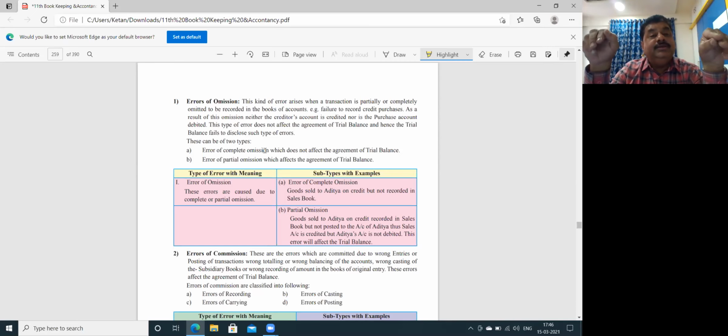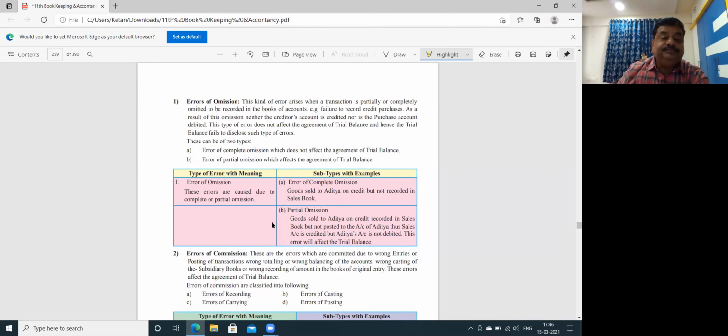Only the error which has a problem in arithmetic accuracy, which is normally called a one-sided error. But a two-sided error will not be disclosed by trial balance. This can be of two types: errors of complete omission, which do not affect the agreement of trial balance, and errors of partial omission, which affect the agreement of trial balance.